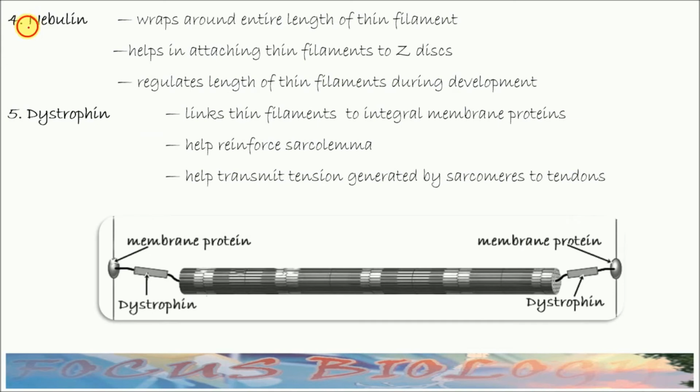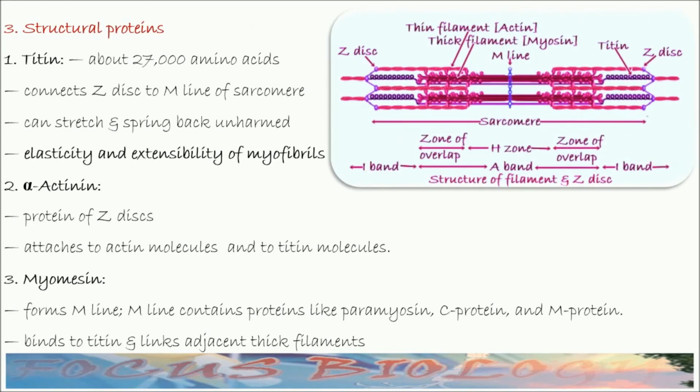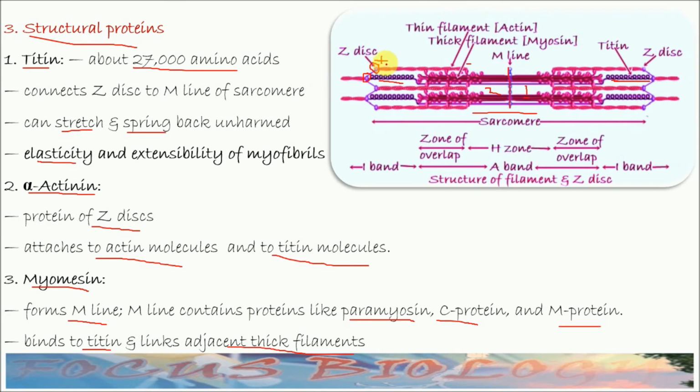Here it is nebulin. Nebulin protein wraps around the entire length of the thin filament, right? If we see here, this is the thin filament, and here would be the nebulin protein, and here too, it will remain in this fashion.